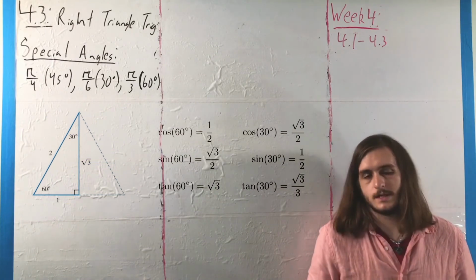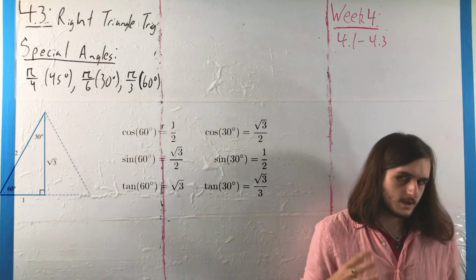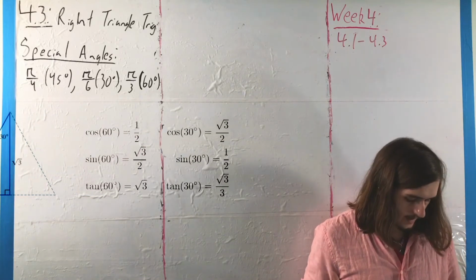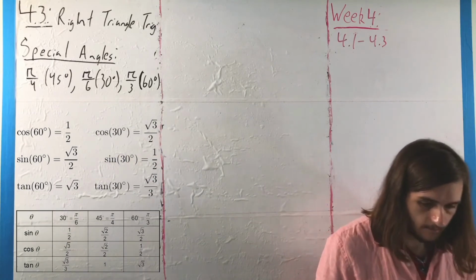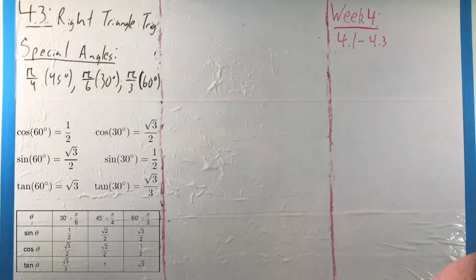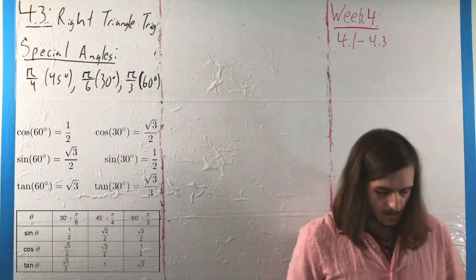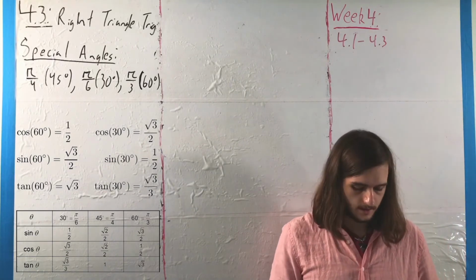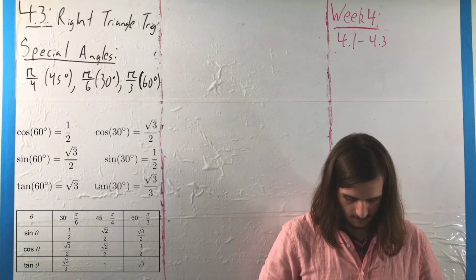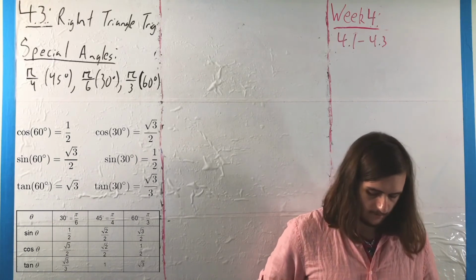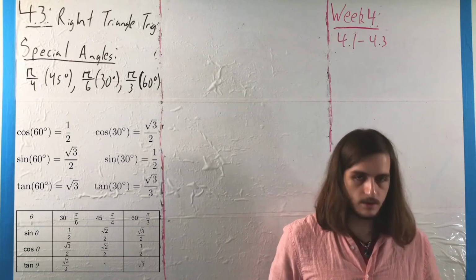So in total, if we want to take these and convert them to a nicer construction, we have a table like so for the relationships between sine, cosine, and tangent, along with the angles 30, 45, and 60, or if you prefer, pi over 6, pi fourths, and pi thirds.